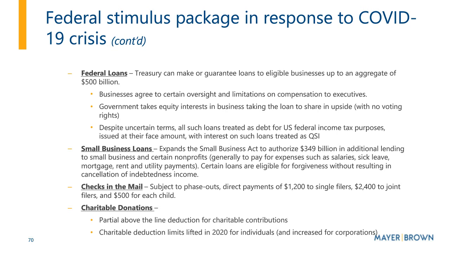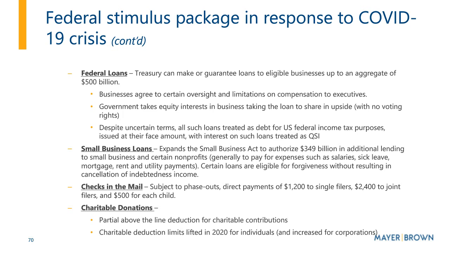Small business loans: it expands the Small Business Act, with additional lending to small business. Small business can use that for certain expenses that will result in forgiveness. If you pay for salaries, mortgage, rent, utility payments, then the piece of the loan used to pay those expenses will be forgiven. And the CARES Act provides that there will not be COD income once that is forgiven.